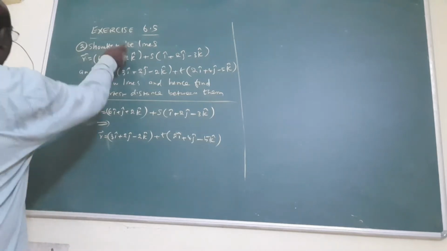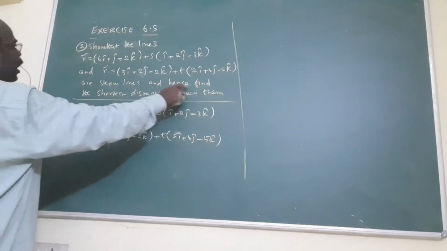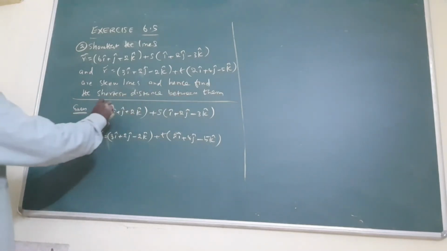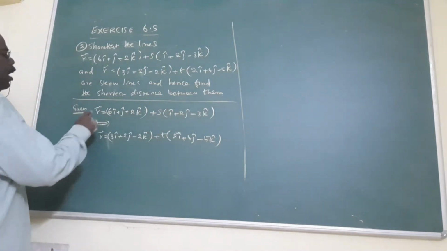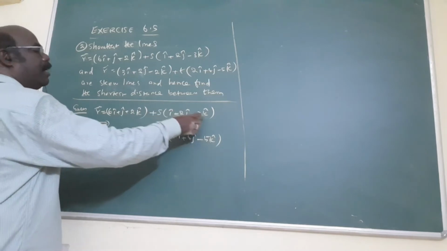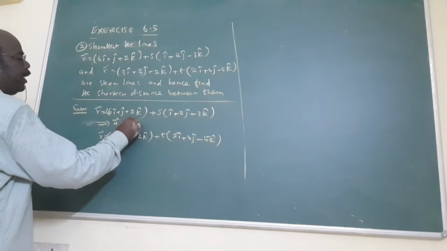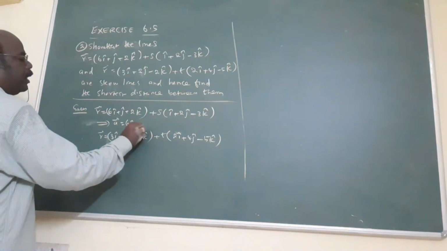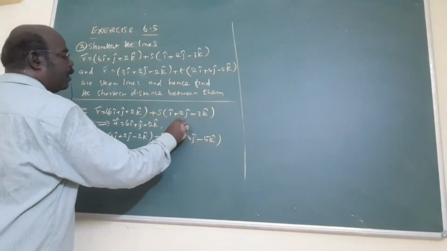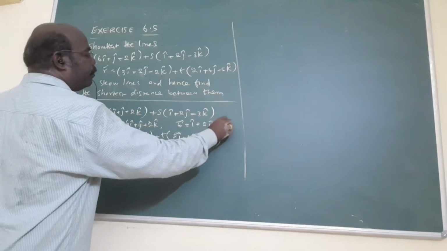Now question 2. Show that the two lines are skew lines and hence find the shortest distance between the two lines. Two lines are given. R vector equals some vector plus some scalar times another vector. The first one represents the point A: 6I cap plus J cap plus 2K, and B vector equals I cap plus 2J cap minus 3K.